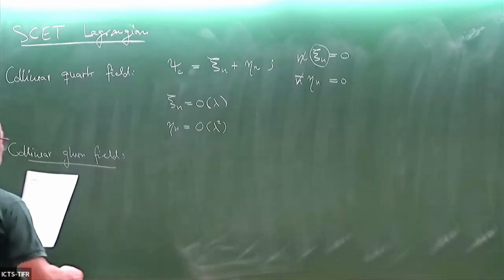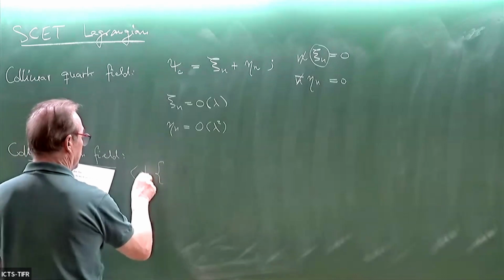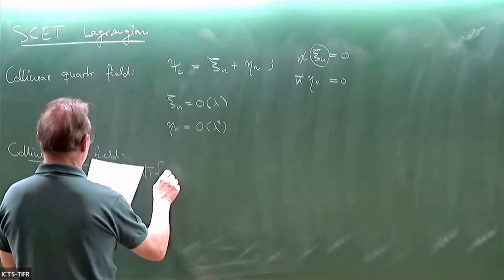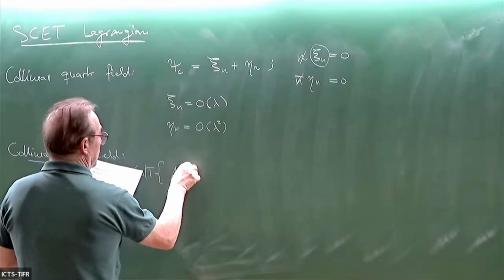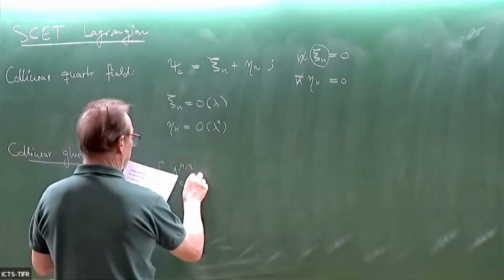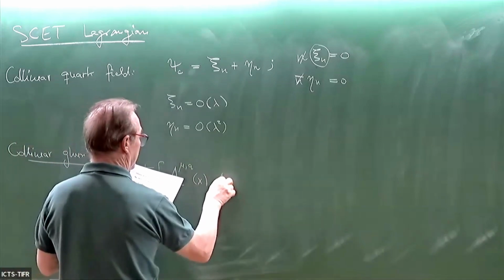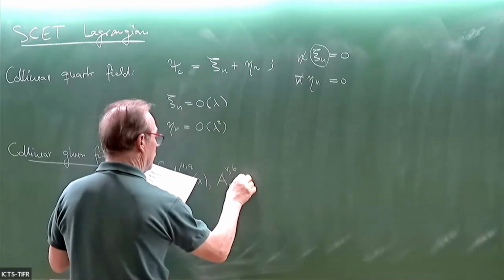For the gluon field, looking at the 2-point function in the way we have always been doing it, so the time-ordered product of two gluon fields, polarization mu, color A, collinear gluon field, so fields restricted to collinear momenta, nu B for the second one.